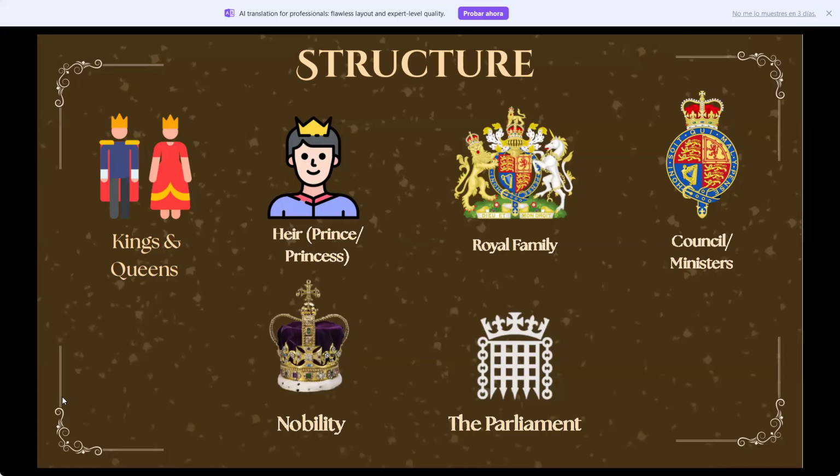The royal family represents the nation. Councils and ministers advise the king. Nobility are high-ranking people under the king. Parliament makes law.